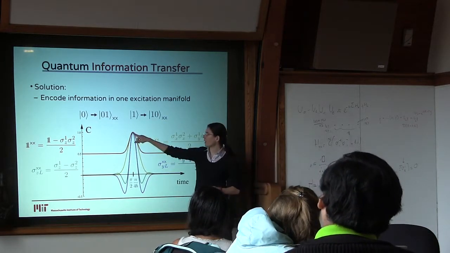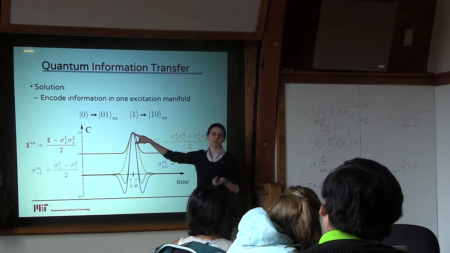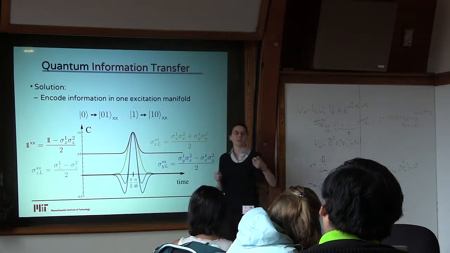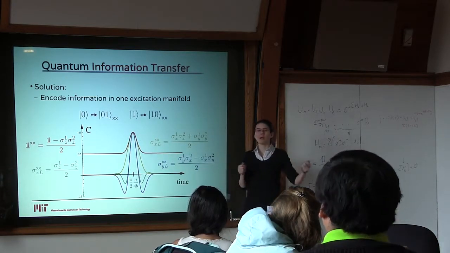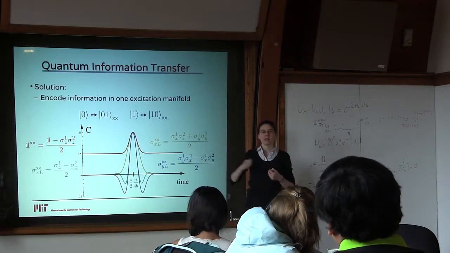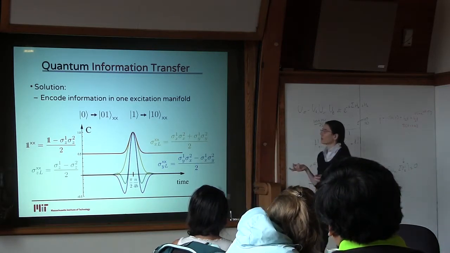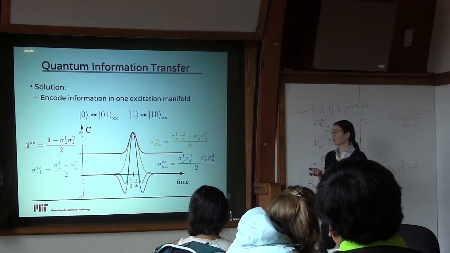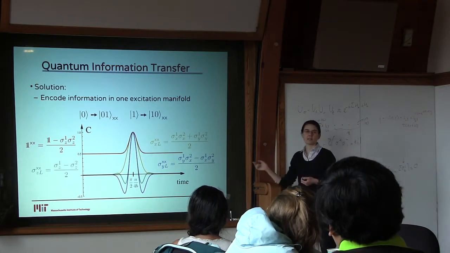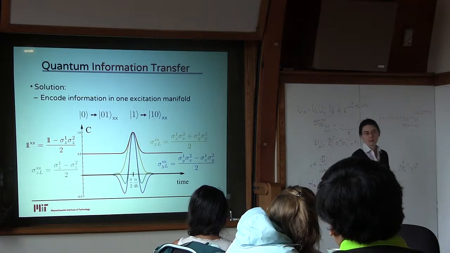At a particular time, they all achieve perfect transfer. Here is the correlation between my initial state on spin 1, and then spins 1 and 2, and the final state on spins n and n minus 1. So by using this very simple encoding, just a 2-qubit encoding, you can transfer any state using this totally mixed state.